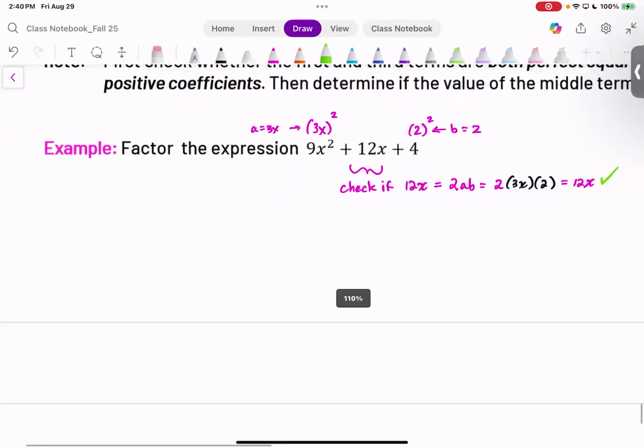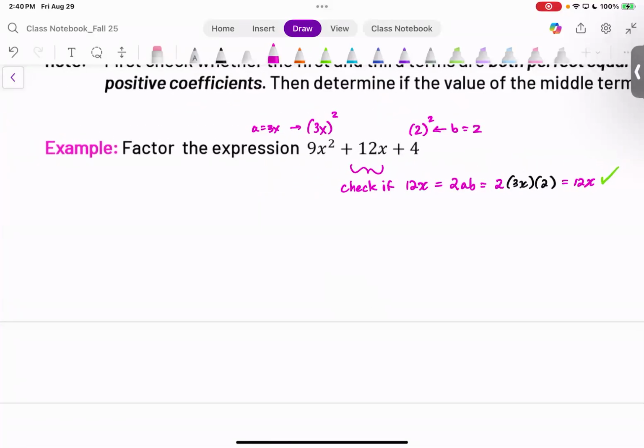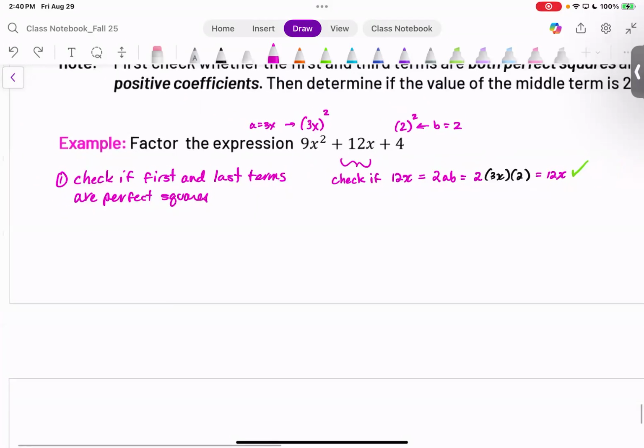So first I looked over here to see if I could see square factors. And they were, right? We had 3x squared and 2 squared.